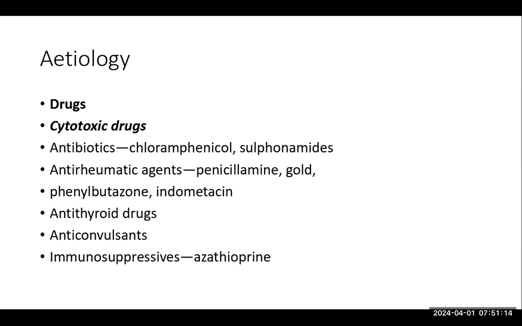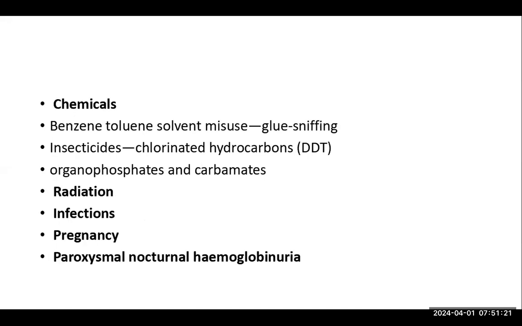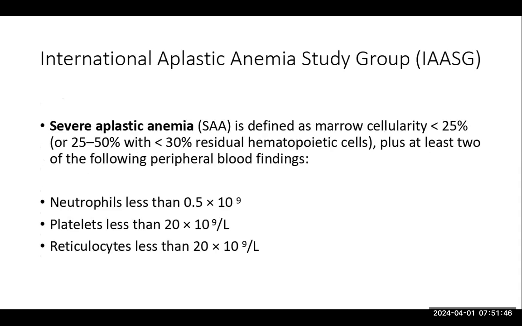Antibiotics, anti-rheumatic agents, anti-thyroid drugs, anticonvulsants, and some immunosuppressive drugs. Also, some chemicals have been implicated in causing acquired aplastic anemia, as well as radiation, infections, pregnancy, and paroxysmal nocturnal hemoglobinuria.